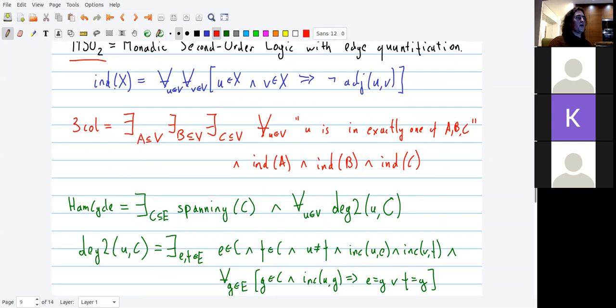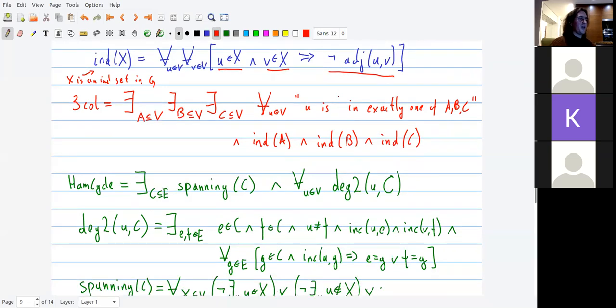For instance, I could say that this is an MSO formula ind of X, and this will say that X is an independent set in a given graph G. How could I say that a set X is an independent set? I would just say that for every pair of vertices U and V, if they are both in the set X, then they should not be adjacent. Easy. Yeah, I just wrote it.